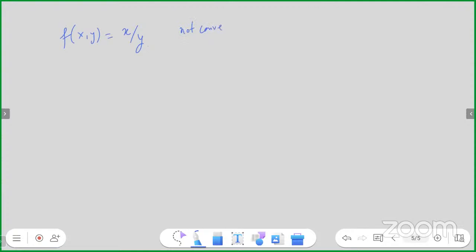Did you go home and not fall for my trick? All we did was look at the determinant of the Hessian, which was not what we wanted. But that's not what the check is. What is the Hessian, by the way, here? Can somebody tell me quickly? 0, 0, minus 1 by y square.